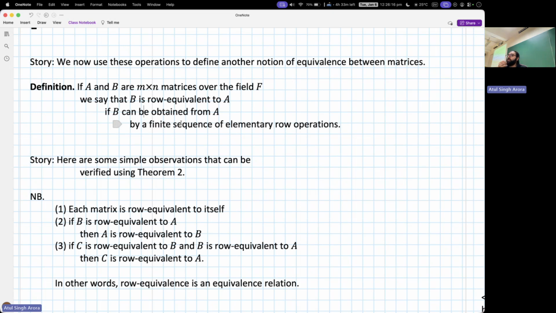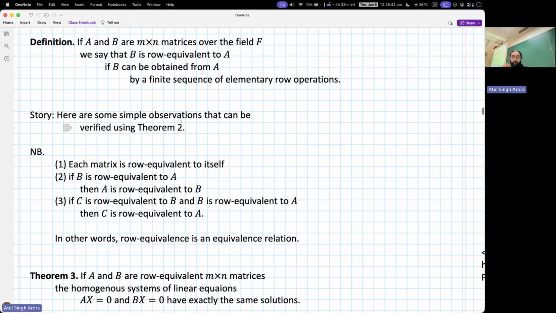So if starting from A you apply a bunch of these E operations, different kinds, and you obtain B, then we'll say that B is row equivalent to A. Just a definition. It will slowly become clear why we are doing this.